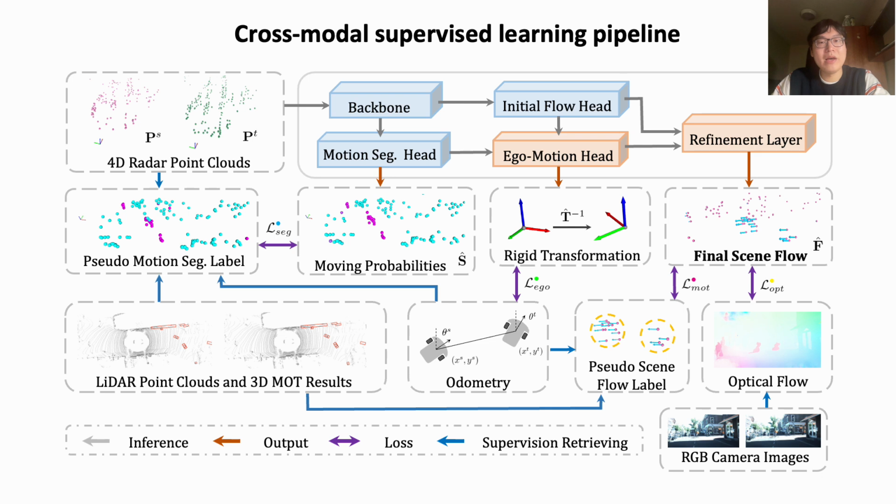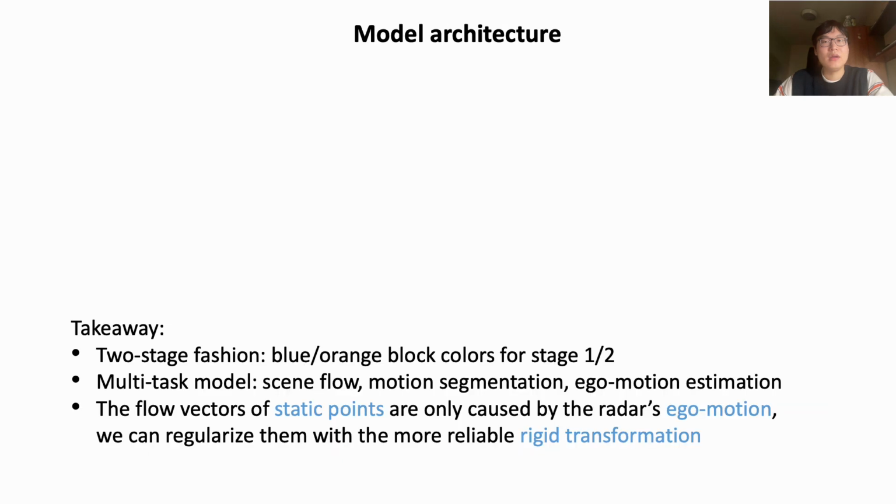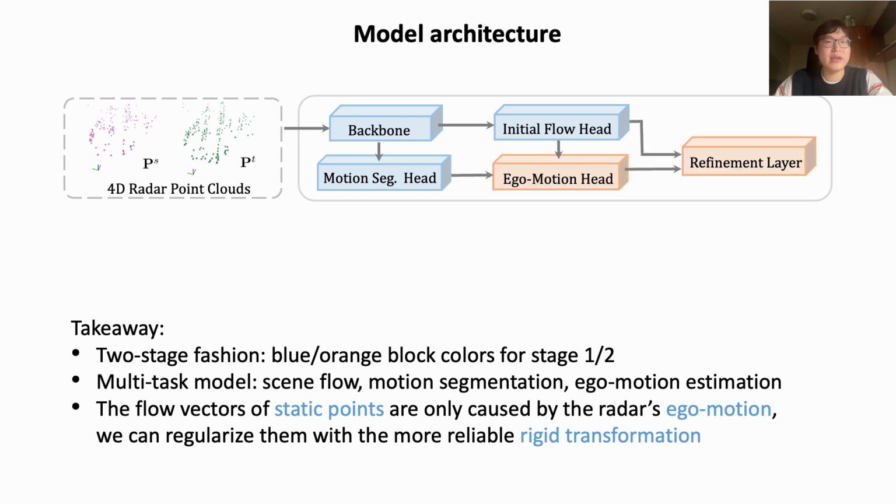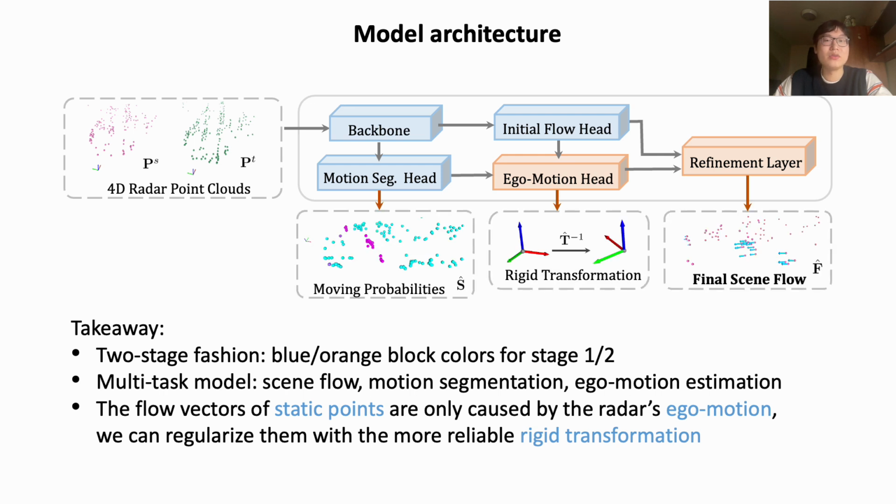The overall pipeline of our proposed method can be seen on the slide. Our model is designed in a 2-stage fashion, with a rough initial scene flow derived in the first stage, and refined in the second stage to obtain the final estimate of scene flow. It can deliver the solution to 3 different tasks, and these outputs are closely correlated to each other.